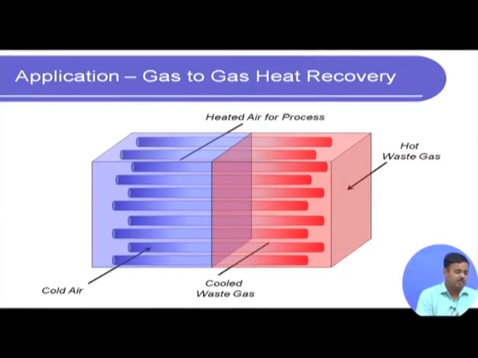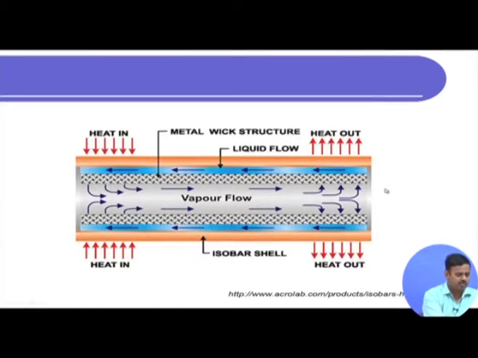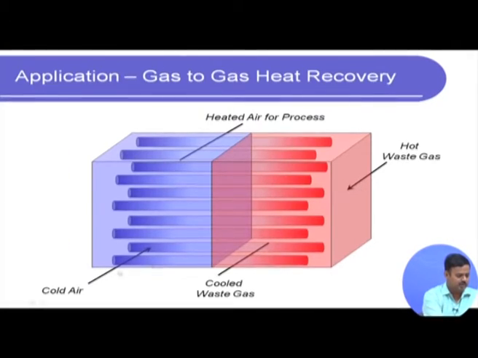To make it more general, it does not have to be air, it can be any other fluid. So we have hot waste gas coming in over here and cold air which we want to heat up.